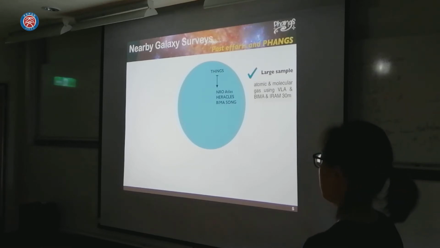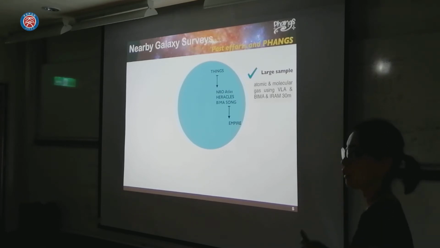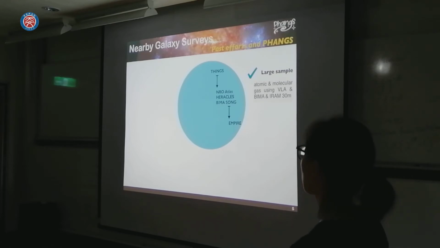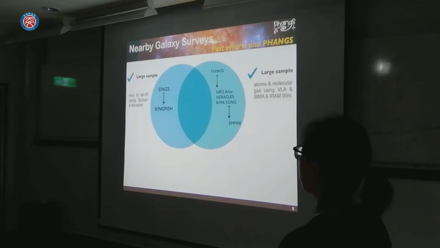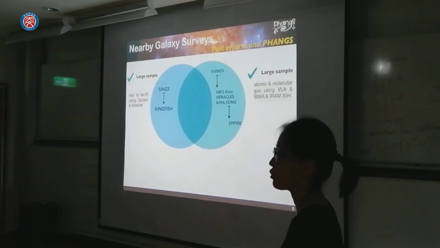And then there is the BIMA survey. They used the BIMA interferometer to map molecular gas in nearby galaxies. And then now we have the EMPIRE survey. They map dense gas tracers like HCN and HCO+ in nearby galaxies. And for star formation, there are the SINGS and KINGFISH surveys.